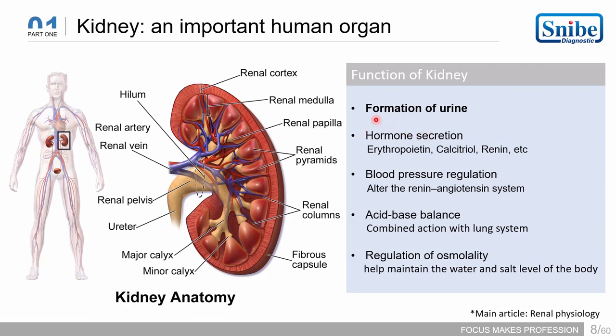Another function of the kidney is to secrete hormones like erythropoietin, EPO, and calcitriol, which is the active form of vitamin D, and renin, etc. It also helps regulate blood pressure by maintaining the renin and angiotensin systems, and it keeps the acid base balance, acting in combination with the lung system.